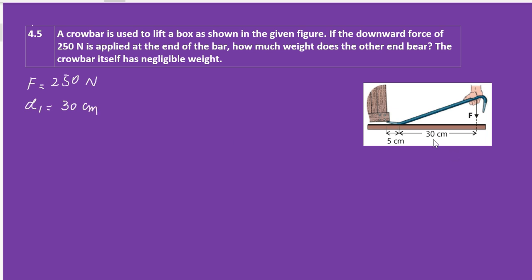This is the distance of 30 centimeter. And the second distance, if I represent it by d2, is equal to 5 centimeter. And we will have to calculate the weight of the object being lifted, that we represent by w, and it is to be calculated. We put the question mark here.